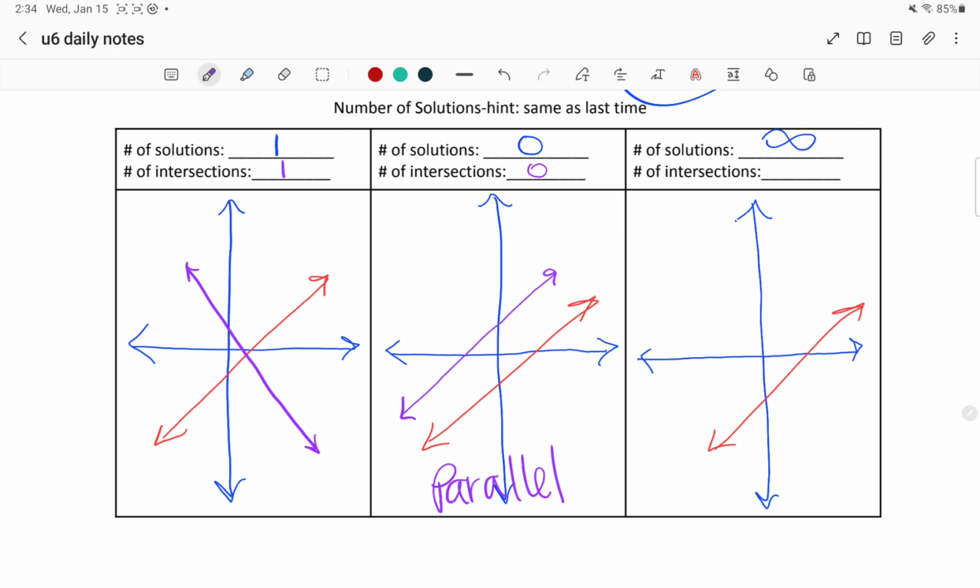And then last, if we have infinite solutions, that means we have infinite amount of intersections. And that sounds really weird to say, but once I write it down, you're going to be like, oh, duh. If we have infinite intersections, that means they cross at every single point. And that means that they are the exact same line.